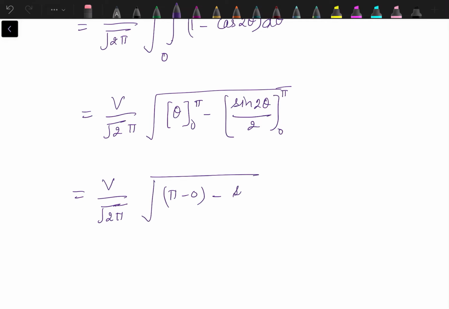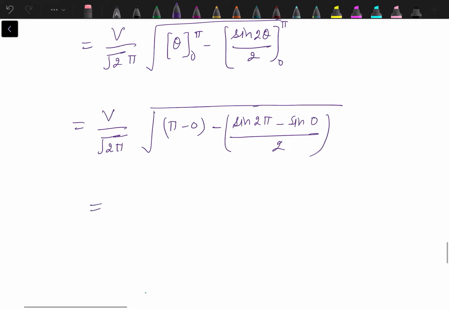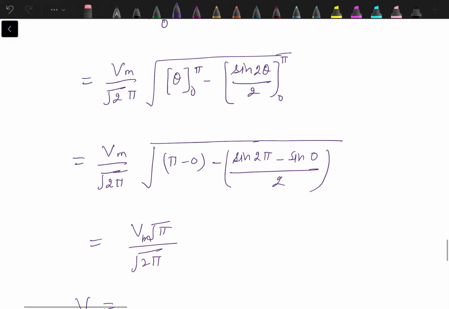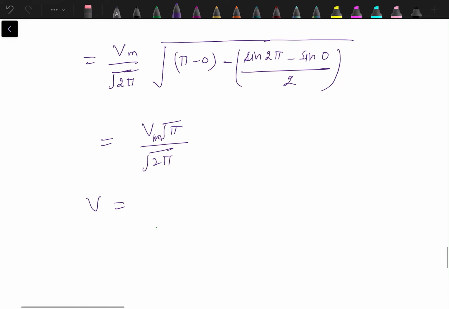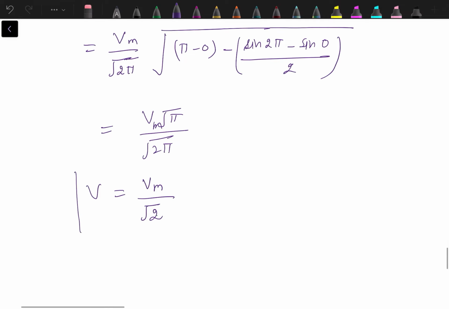Sine of 2 pi is 0, minus sine of 0 is 0. So basically its value is Vm into root pi upon root 2 pi, or RMS, sorry, it's Vm, not V. It's Vm by root 2. So this one is the same as a sinusoidal waveform.